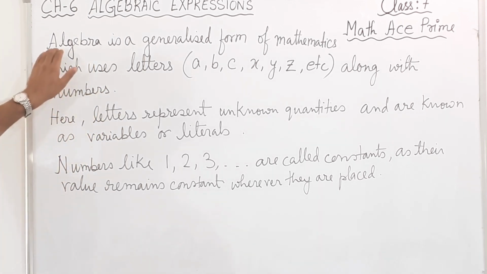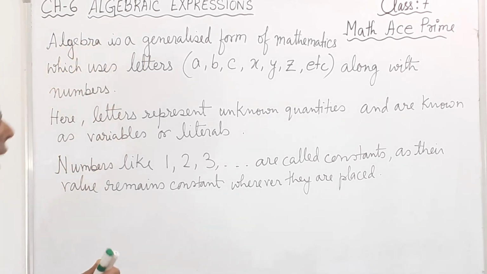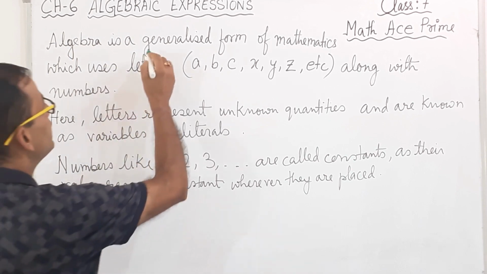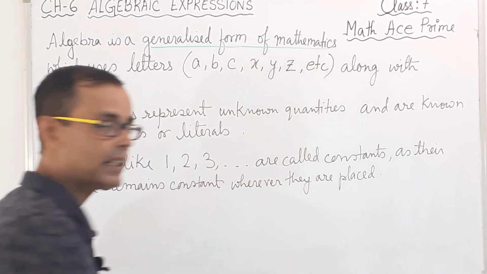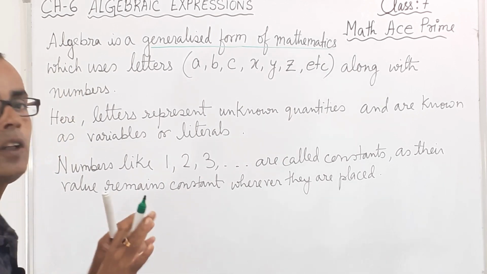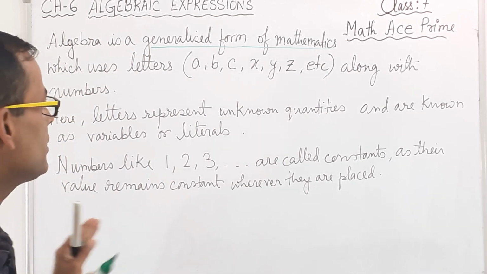Now there, algebra is what? Algebra is a generalized form of mathematics, means general form of mathematics, in a simple way.